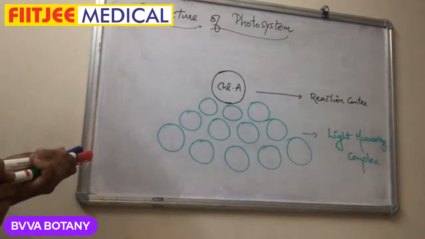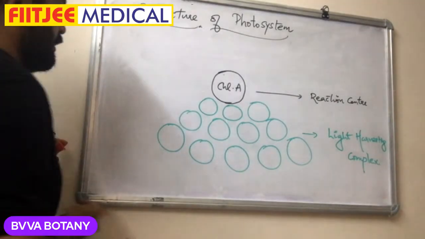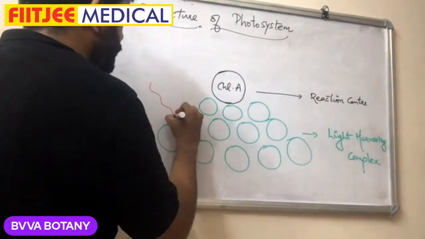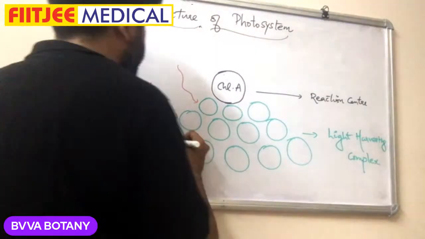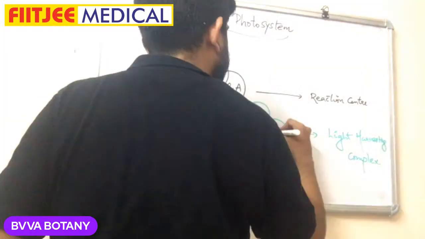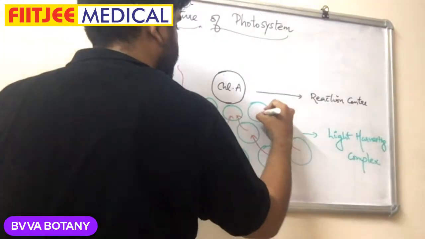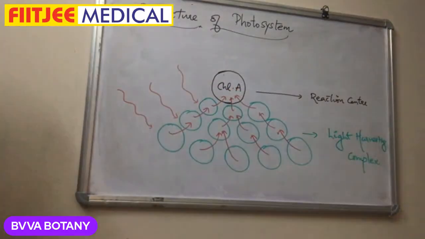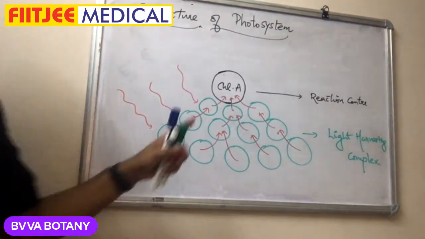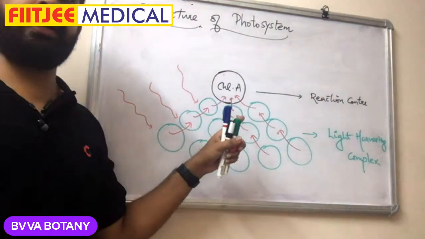So what will happen? The wavelength of light, or the photons, will be trapped by the light harvesting complex, and this light energy which has been captured is passed to the reaction center. So now the reaction center is getting very good energy.